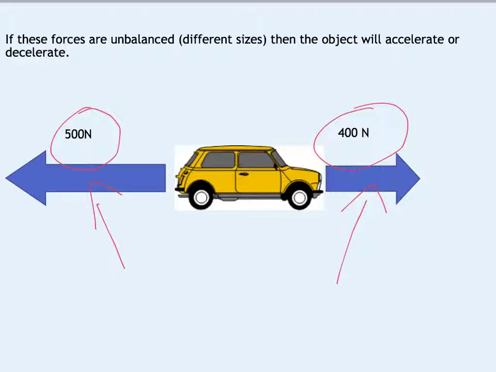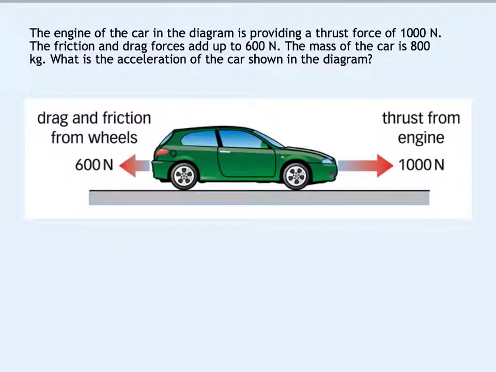Right, and now let's have a look at another question about an imbalance. In this example, the engine of the car in the diagram is providing a thrust force of 1000 newtons, and you can see that here because it's moving in that direction. The friction and drag forces, so the drag force of course is air resistance, add up to 600 newtons. And the mass of the car is 800 kilograms. What is the acceleration of the car shown in the diagram?